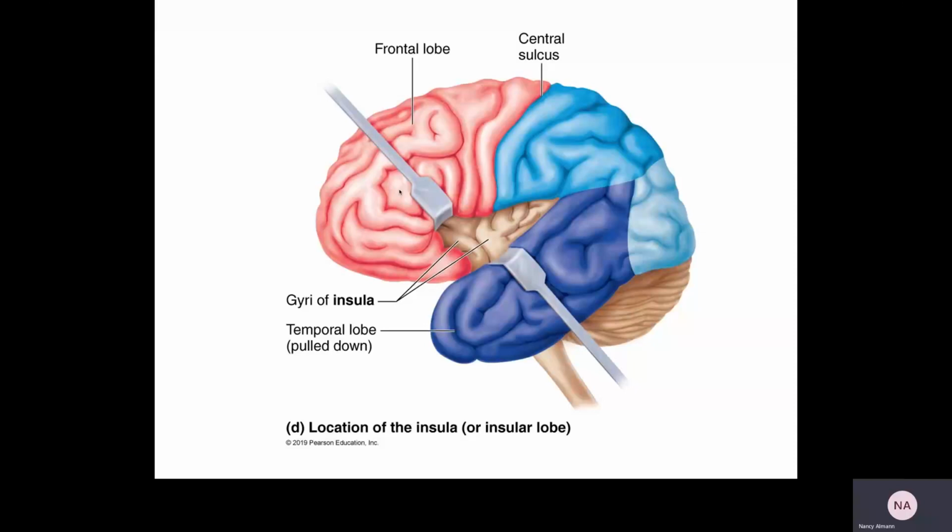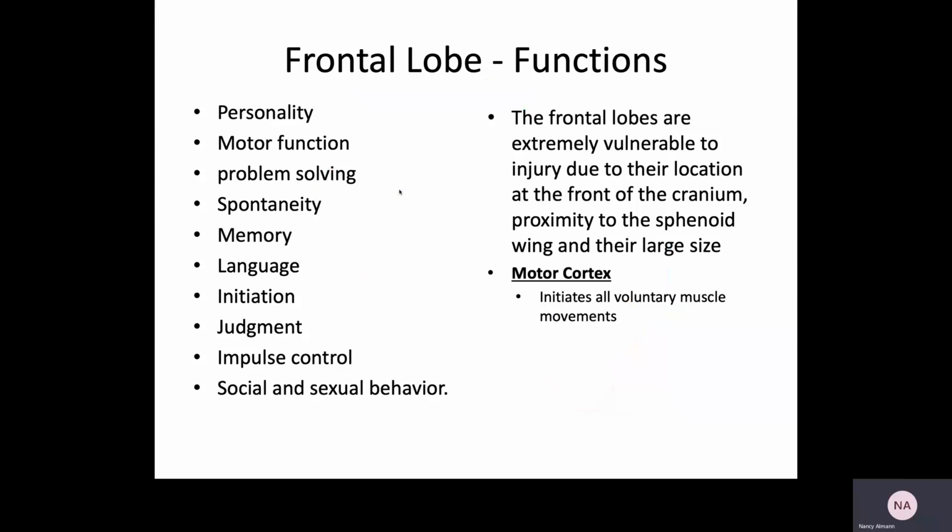And this shows you the frontal lobe and the temporal lobe reflected back, so you can start to see the insula, which is deep to those. These are the many functions of the frontal lobe.